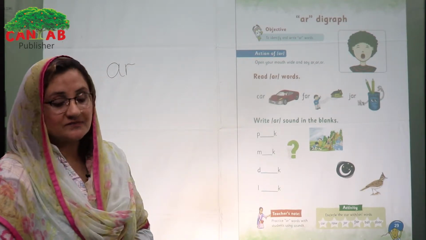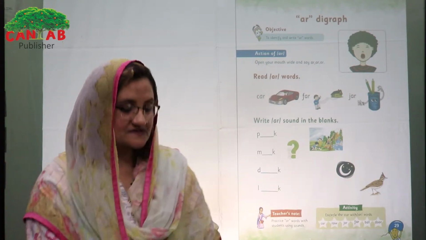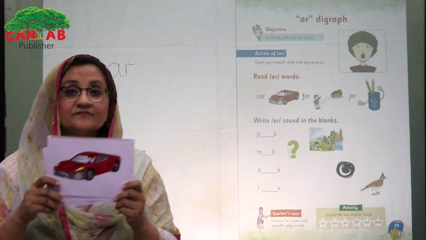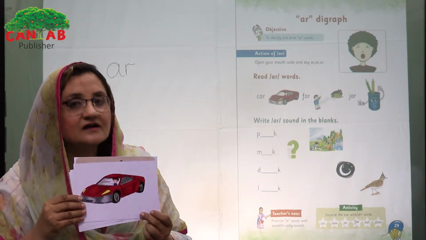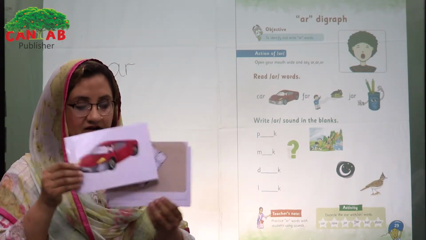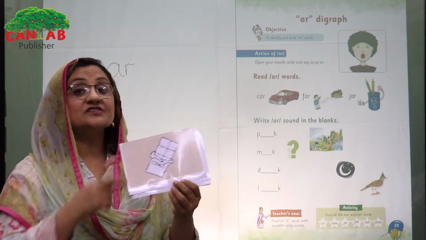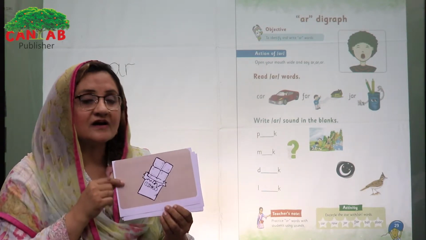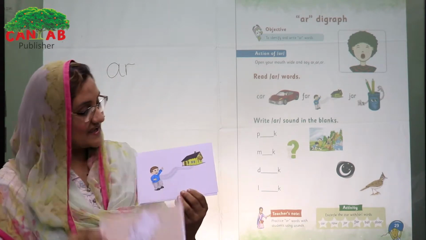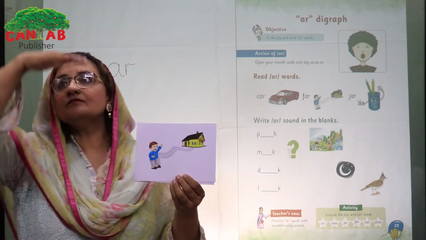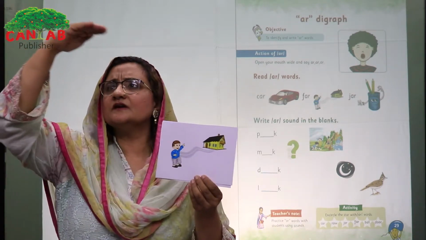And then show them different pictures like this. What is this? This is a car. And what is this? This is a bar. And what is this? This picture is showing something.